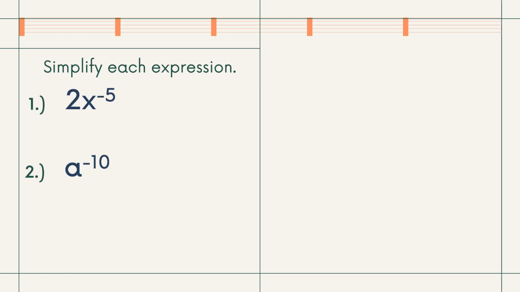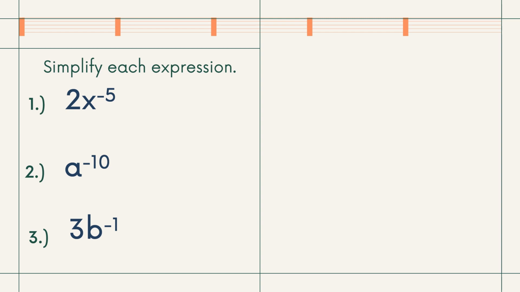Alright, let's answer some exercises. Simplify each expression. Pause this video and write your answer on a sheet of paper. Okay, let's check your answers. What is your answer for number 1?